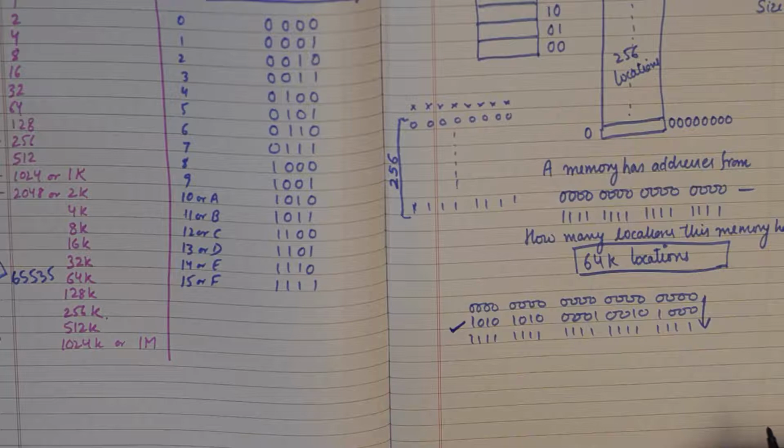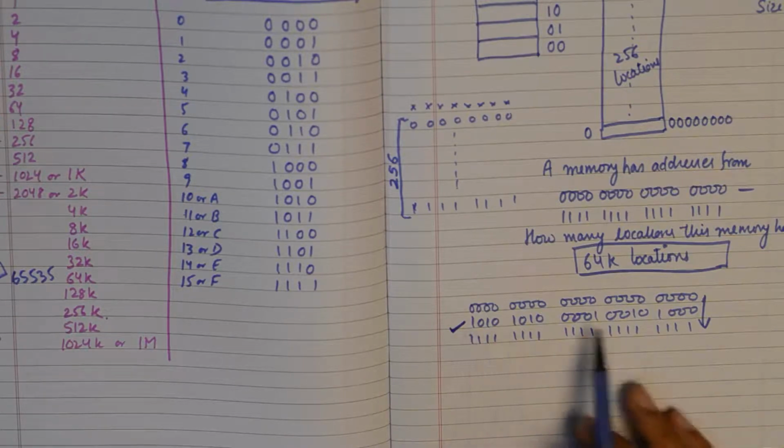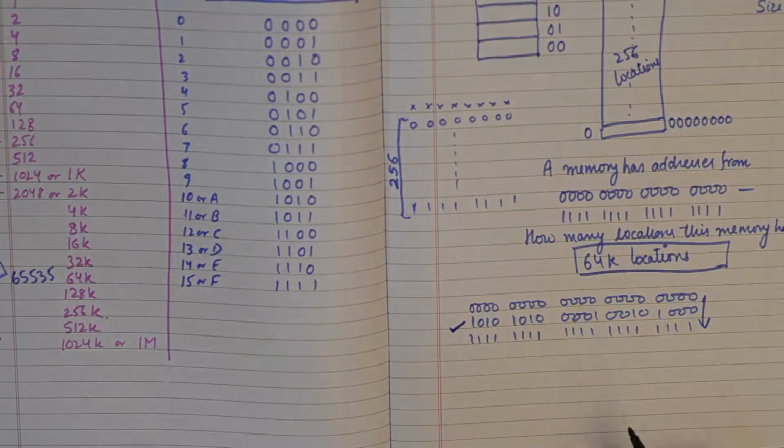That will be super inconvenient and super long to say. And this is just a memory that has simply 1M locations. In today's world, we have memory ranging from 128 gigabytes and beyond. So you can imagine the length of the address.